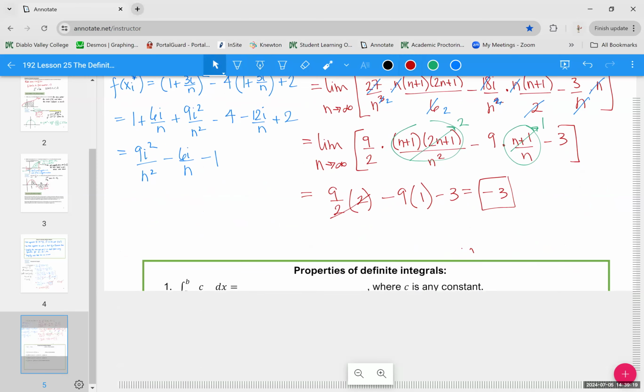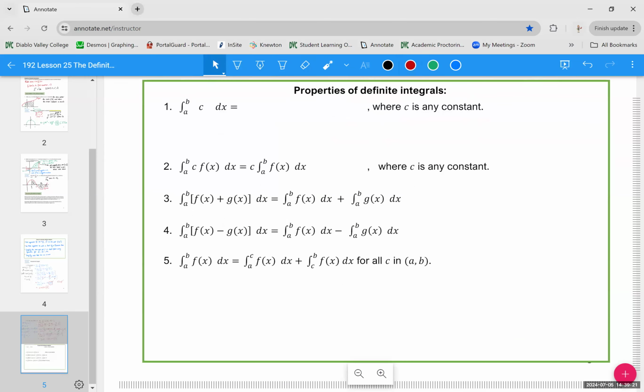Okay. And one last thing that we want to talk about here are some properties of definite integrals. These are just things that you're going to need as you move forward with calculating definite integrals. So the first one is, if you're taking the integral of a constant, what's that going to equal? Well, let's think about it.